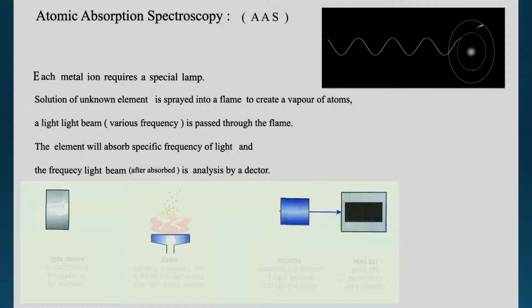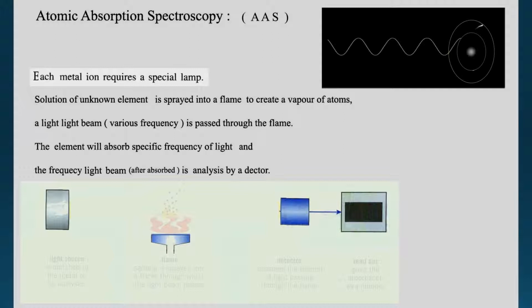You cannot ask, can I have the whole periodic table of lamps? They're not going to give you. You ask for a specific lamp. I want the lamp to test for lead, or I want the lamp to test for zinc, like that. Each metal requires a special lamp, so that lamp will generate that frequency. So you identify the metal first, and then you go get the lamp.